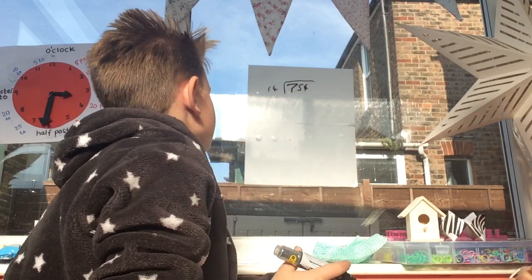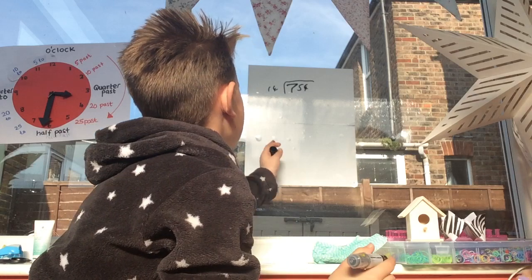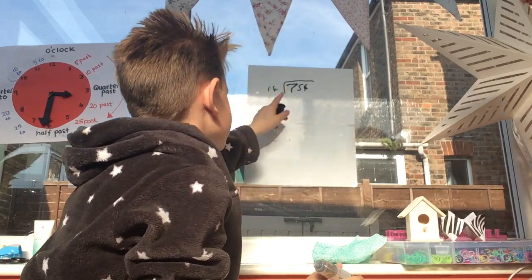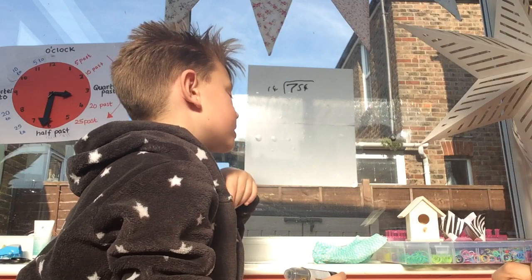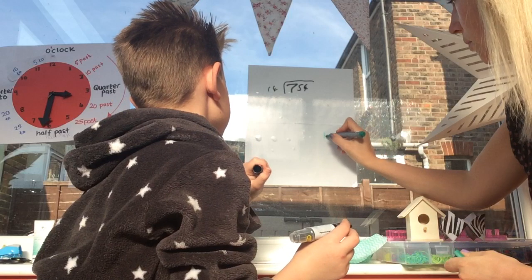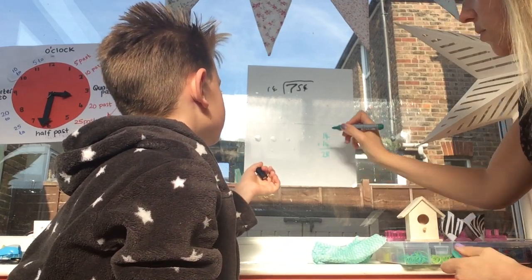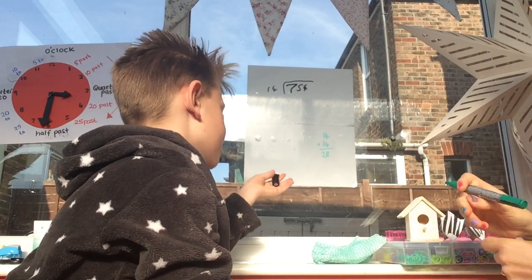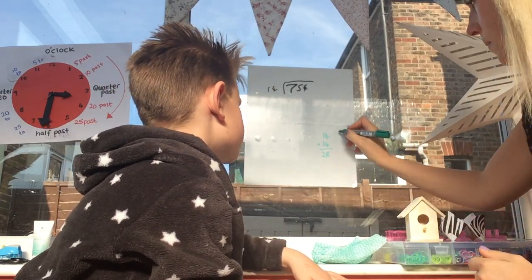So, first of all, we need to find how many 14s are in 750. So 2 times 14 is 28. We can get bigger than that. 3 times 14 is 42.